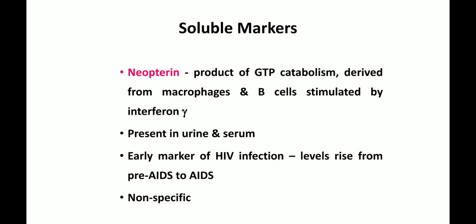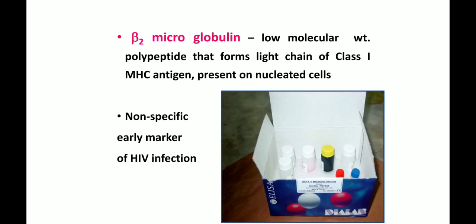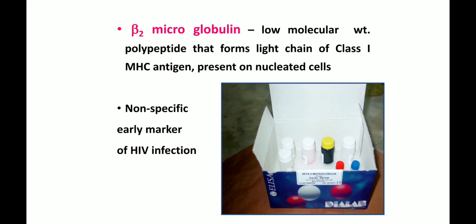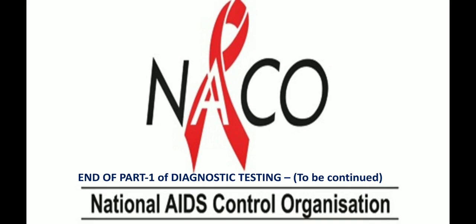It is an early marker of HIV infection, and it is quite non-specific. Then you have the low molecular weight beta 2 microglobulin, which forms a part of the light chain of class 1 MHC antigen on the nucleated cells. Again, it is a non-specific early marker of HIV infection.